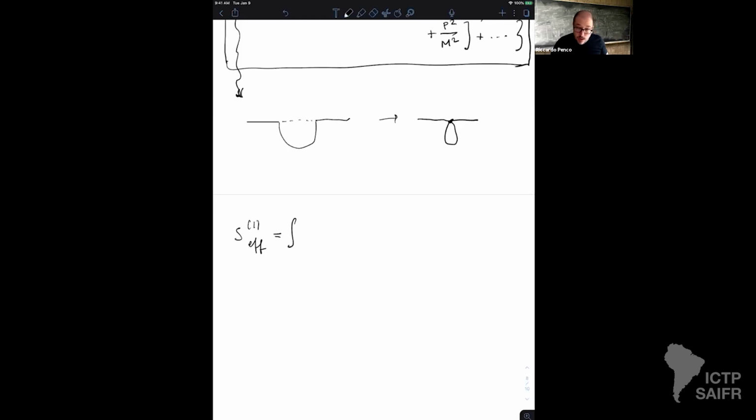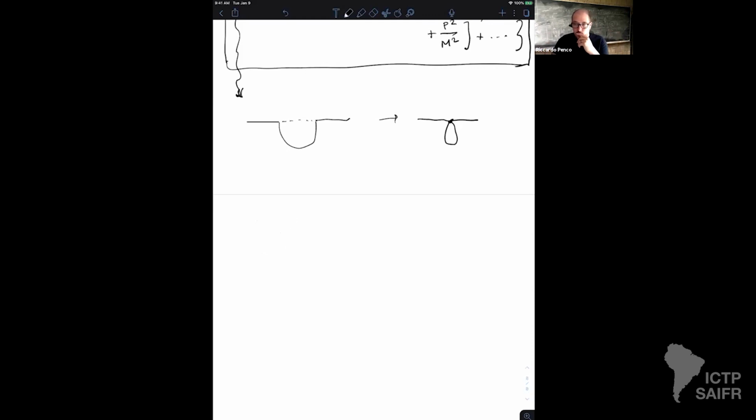And so you can prove that, okay, I'm not going to write it down, you have the notes, so if you look at equation 26, you can show that if you add this term to the effective action, you can match exactly the one-loop calculations in the effective theory and in the full theory.